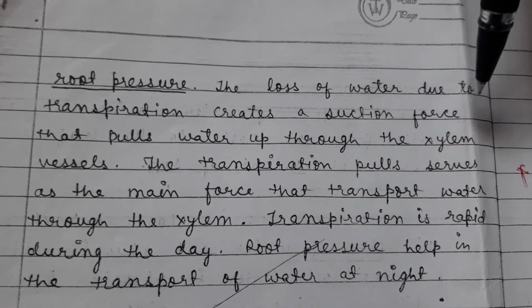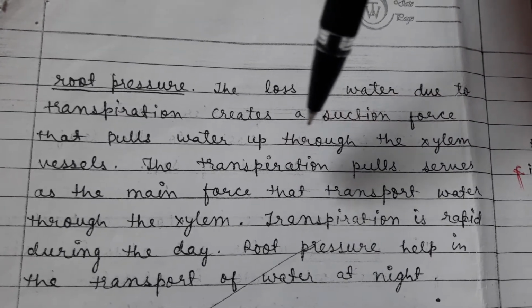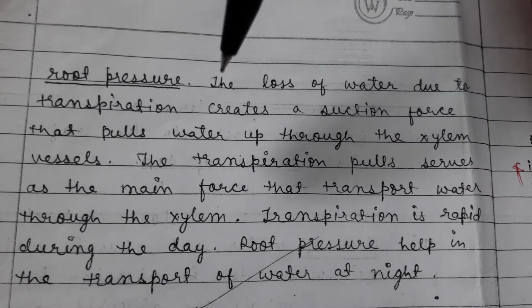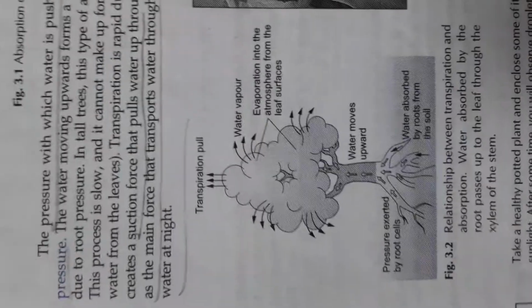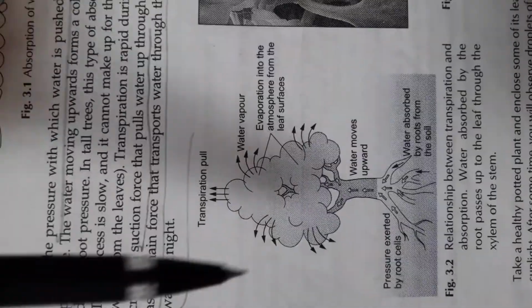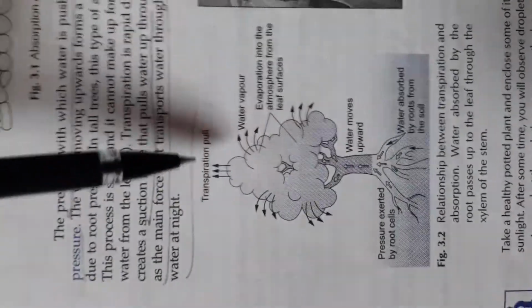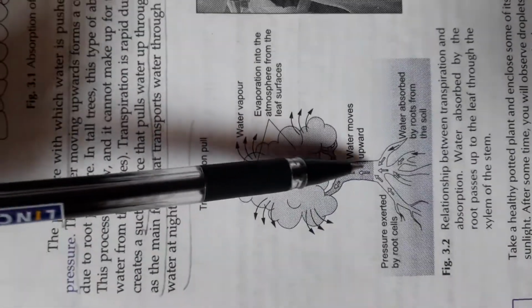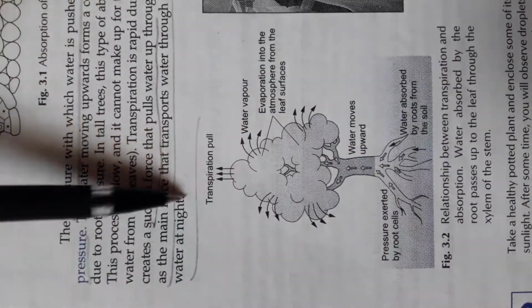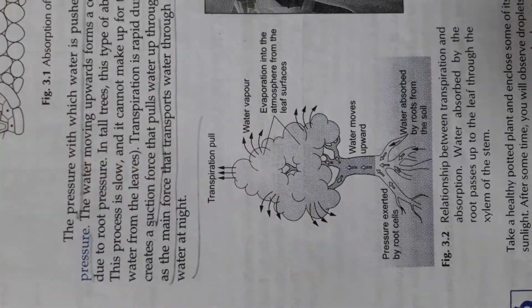Transpiration is rapid during the day. Root pressure helps in the transport of water at night. Here is the diagram through which water is absorbed by a root. This is the process of transpiration. By the process of transpiration, water always moves in the upward direction.